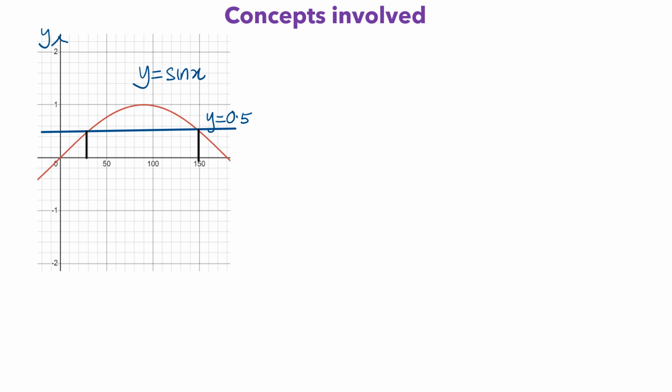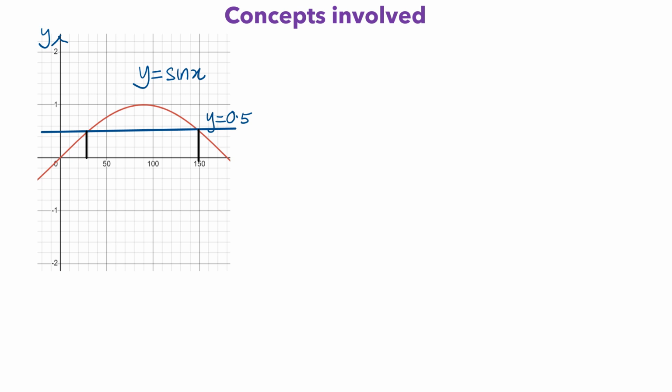Press sine 150, you get half. Okay, so for sine curve, if you want to get ratio 0.5, there are two particular angles, that is 30 and 150.